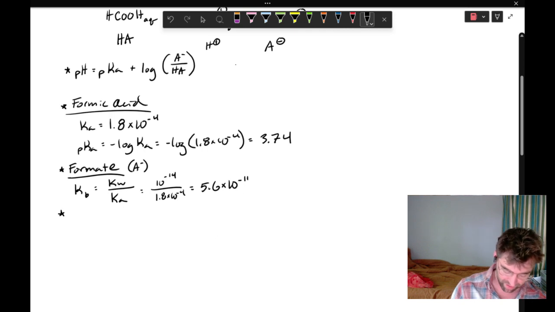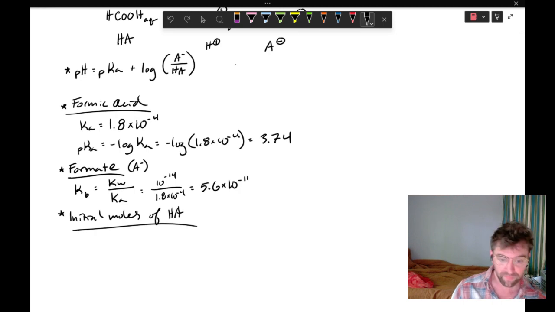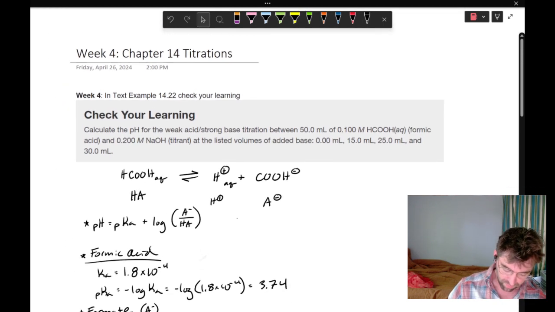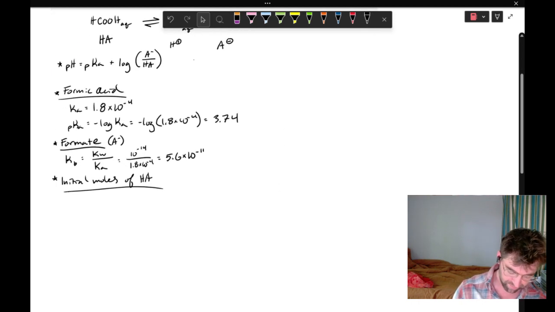And then we have initial moles of our acid, of formic acid. We're given that there's 50 milliliters and we're given a concentration. So let's do a little dimensional analysis.